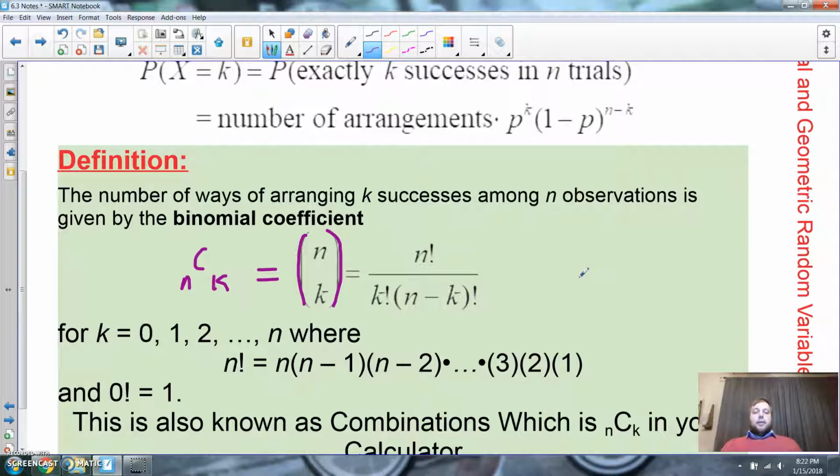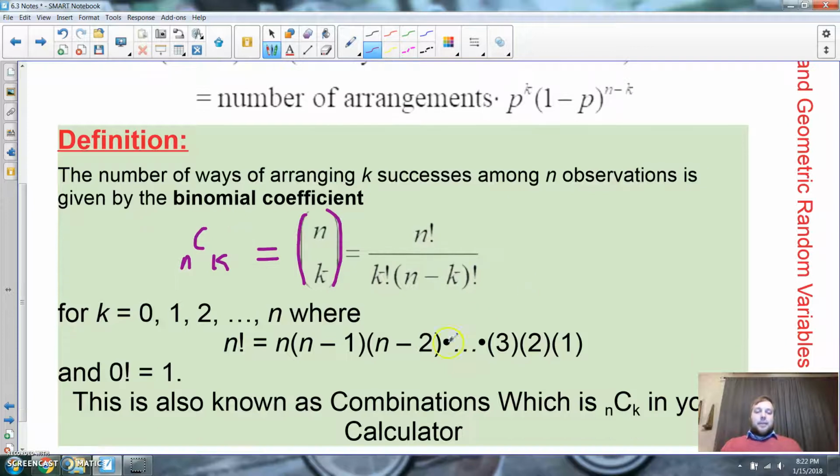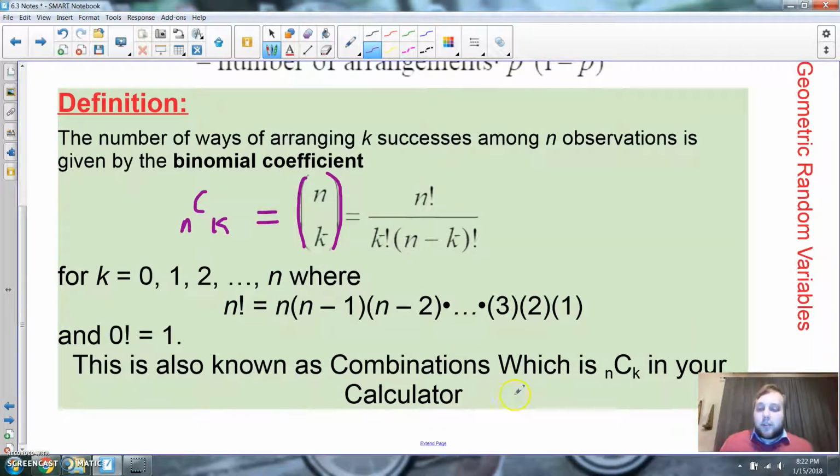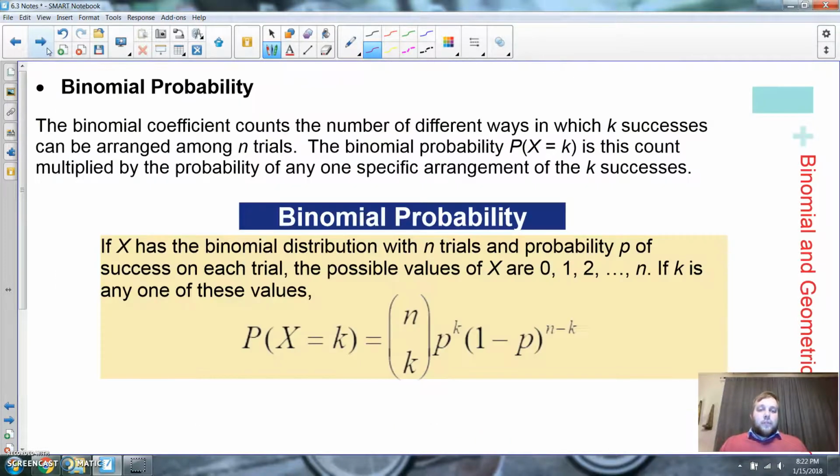That is how many ways something can happen. This is also known as combinations in your calculator. I think nCr is what's in the calculator, but they use the acronym nCk. So that's basically what a binomial distribution is really like.